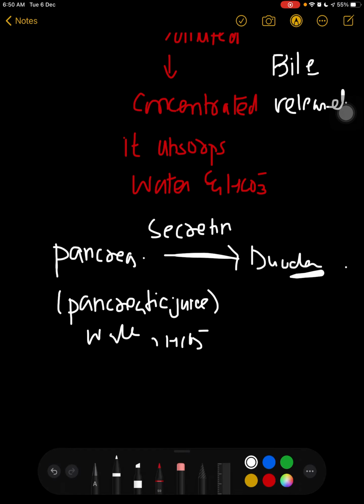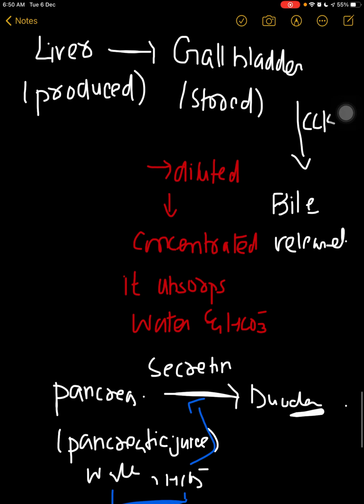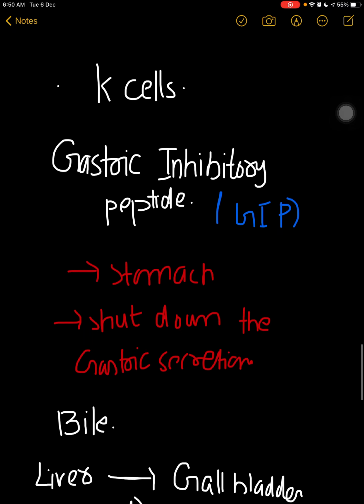The water and bicarbonate ions are stimulated by secretin, but the enzymes of the pancreas are stimulated by CCK, cholecystokinin, right? So I hope this is clear to you, and this is gastric inhibitory peptide, GIP.